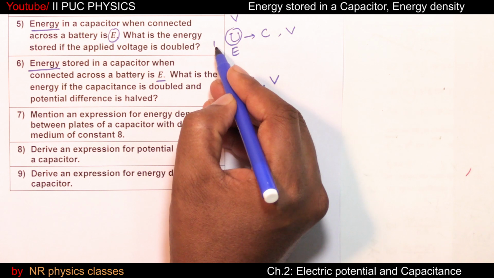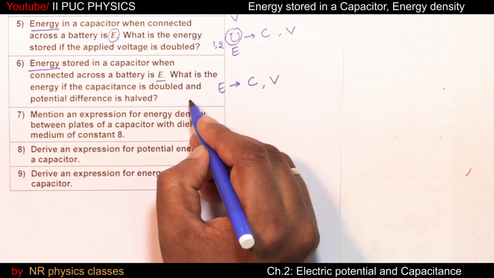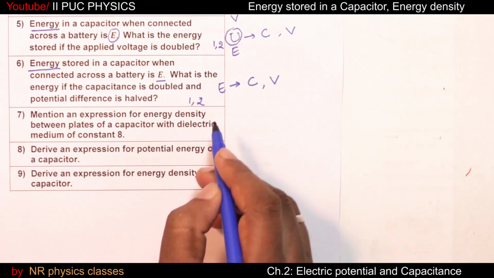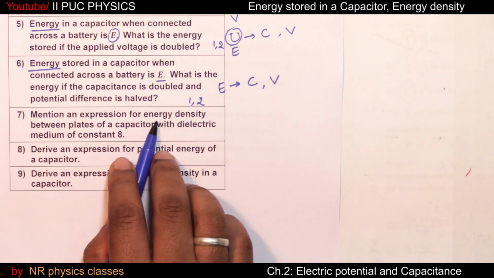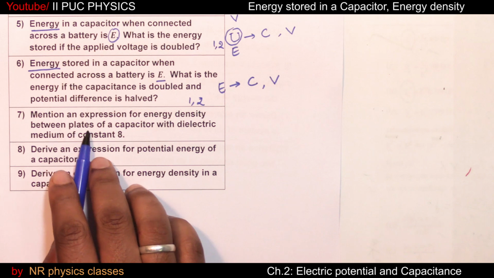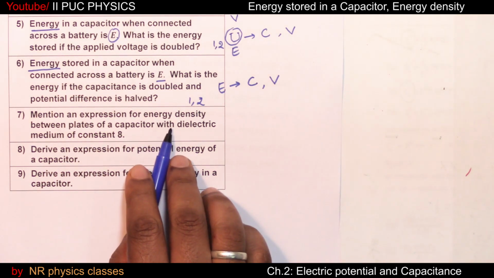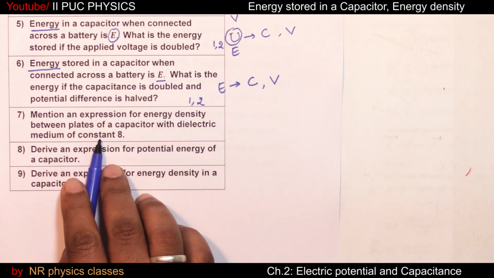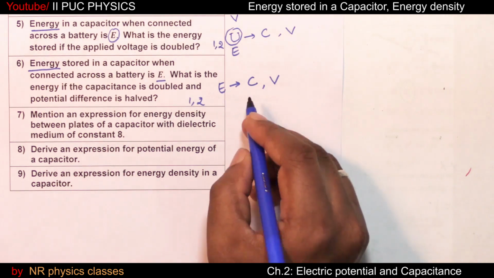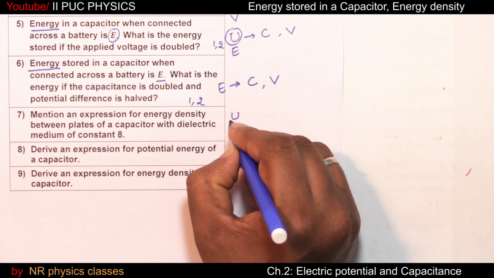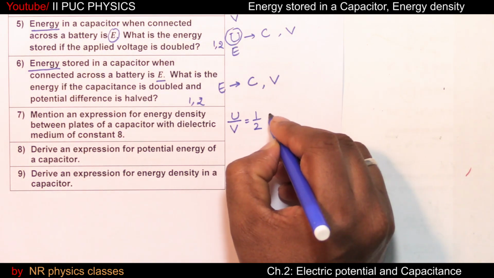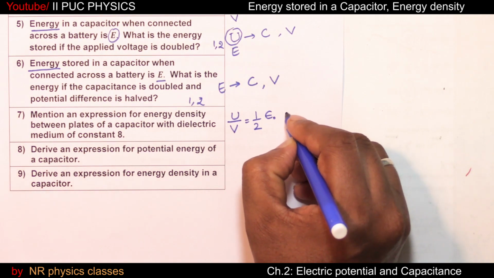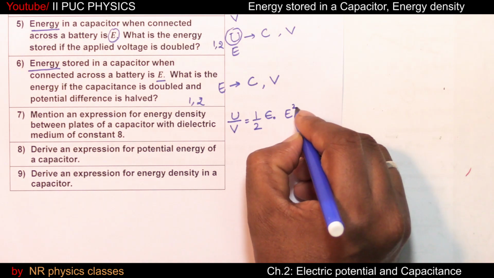This can be asked for 1 mark or 2 marks. Similarly, this is for 1 mark or 2 marks. Mention an expression for energy density between the plates of a capacitor with a dielectric medium of constant 8. So energy density U by V equals half epsilon naught E square, isn't it?